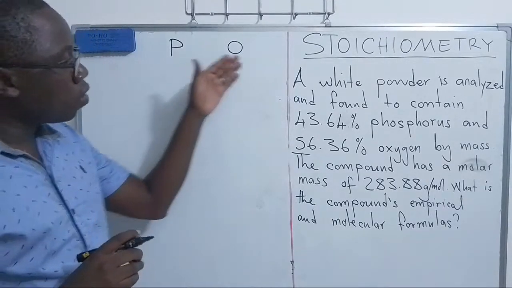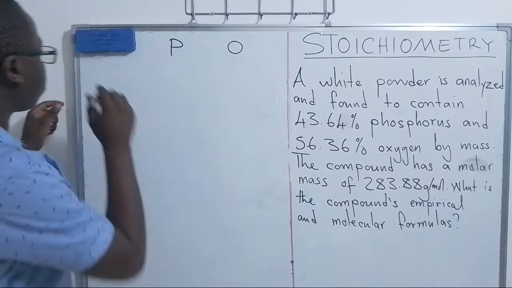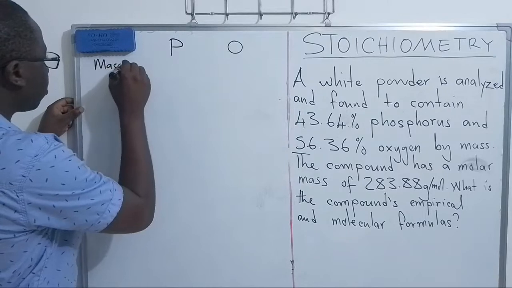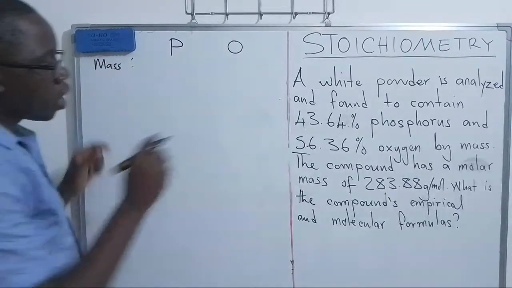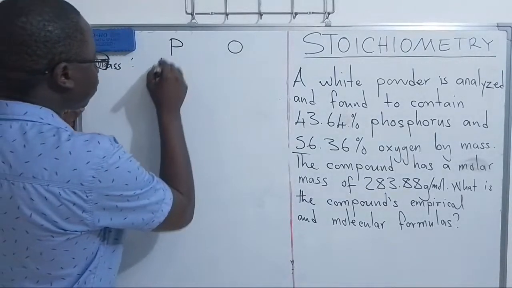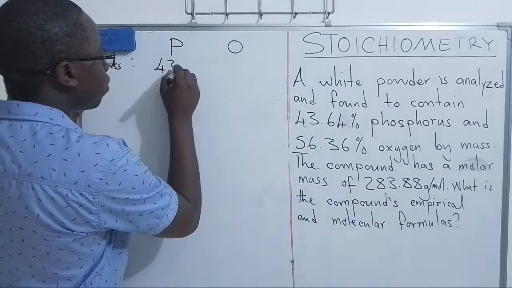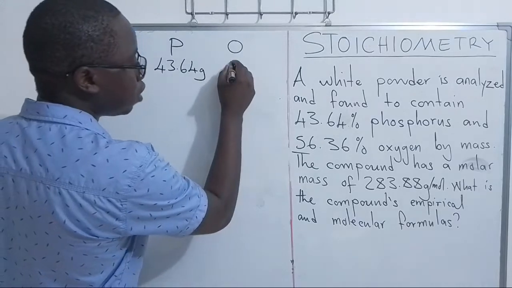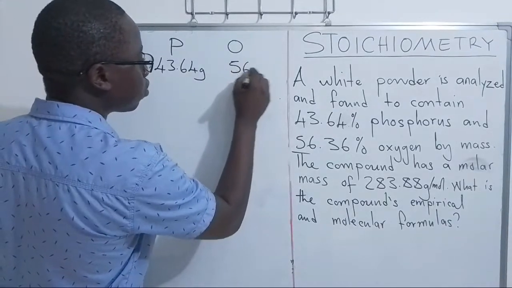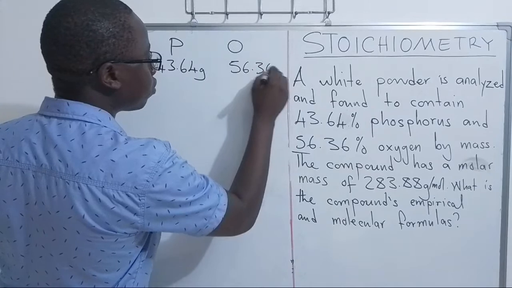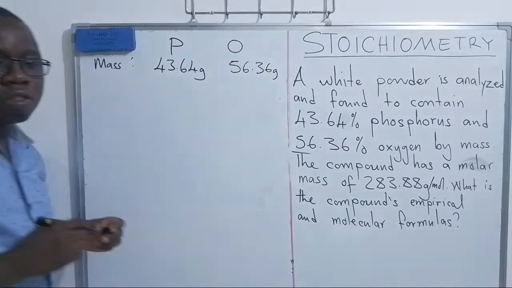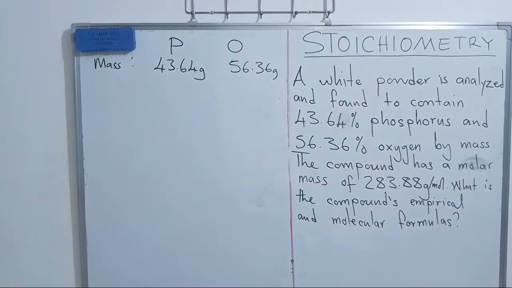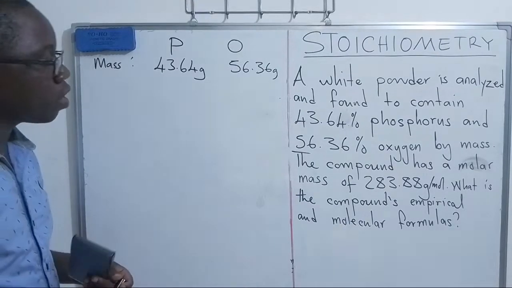So the mass for phosphorus is 43.64 grams, and for oxygen it is 56.36 grams.